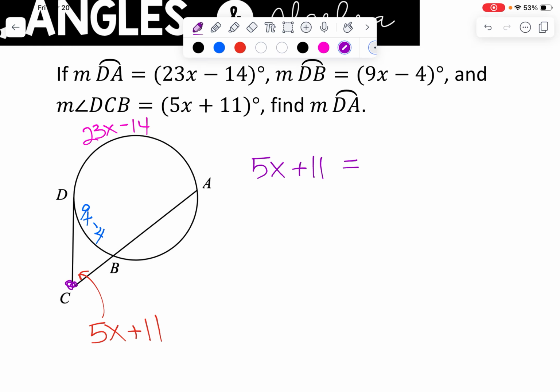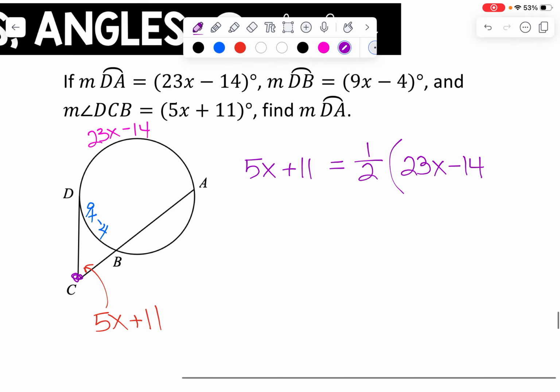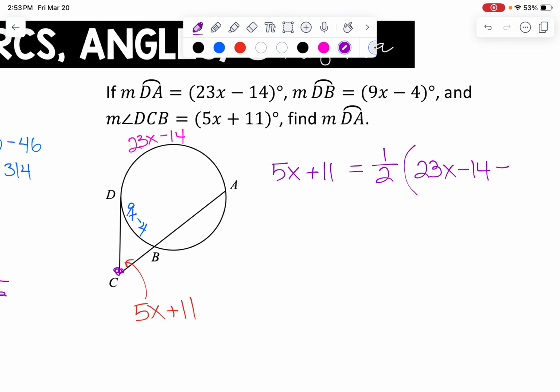That angle should be equal to 1/2 of the big arc, 23x minus 14, minus the small arc, 9x minus 4. You'll notice I put it in parentheses because we have to subtract that. Now I just need to simplify this equation.